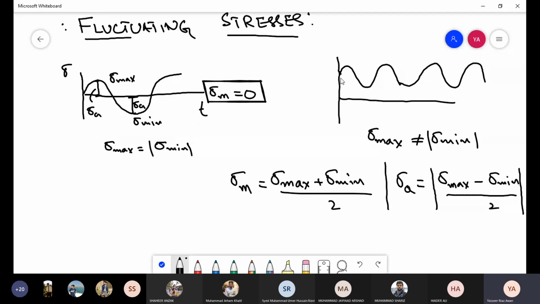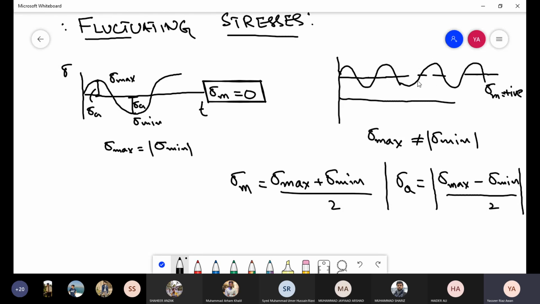So in fluctuating stresses, now sigma m is not 0, but maybe some positive value or maybe some negative value. Both are in the domain of fluctuating stresses.